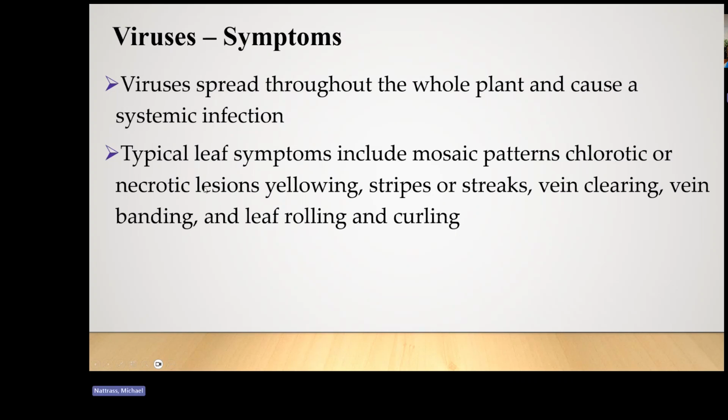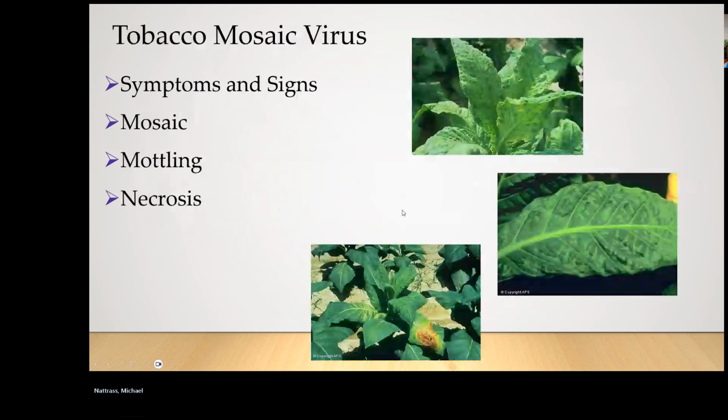You might see some necrotic lesions, vein clearing, banding, leafing, and curling, right? So there's this dark green, light green sort of mix in there. It's not very consistent because this virus is trying to attack the rest of these DNA cells.